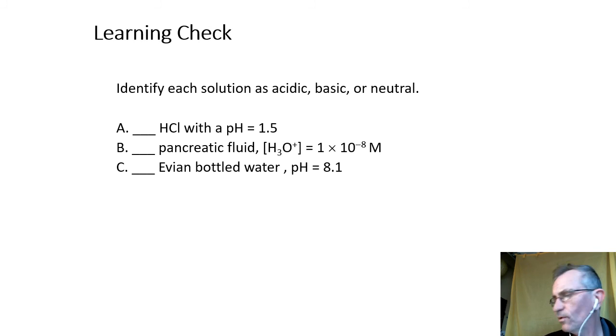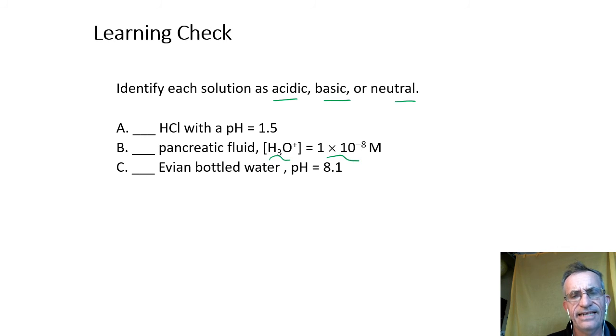In this one, I have told you several facts, like HCl has a pH of 1.5. I want to figure out whether that means HCl is acidic, basic, or neutral. And I might tell you that in pancreatic fluid, the amount of hydronium ion is 1 × 10⁻⁸.